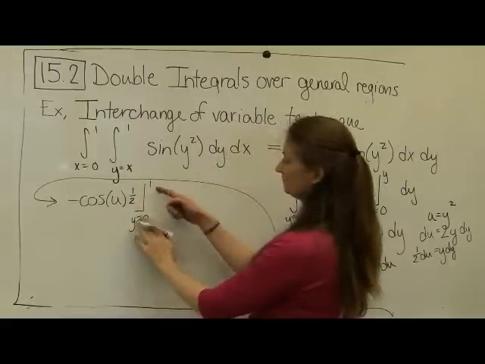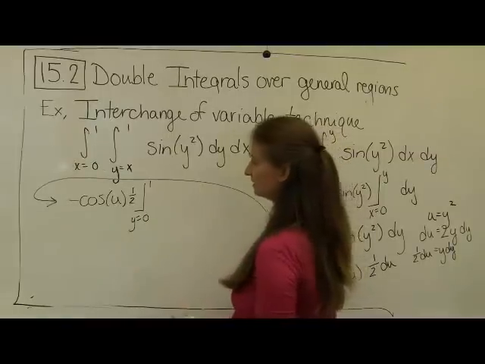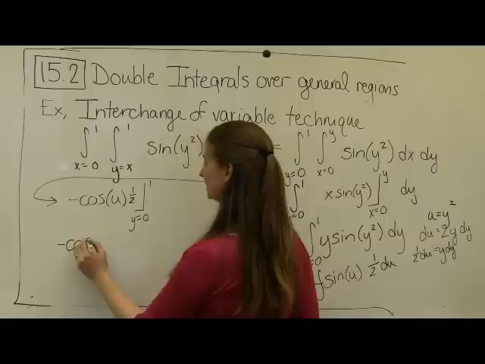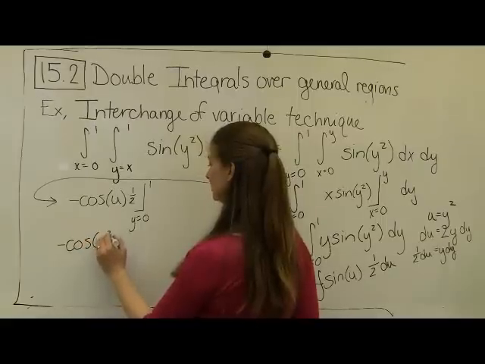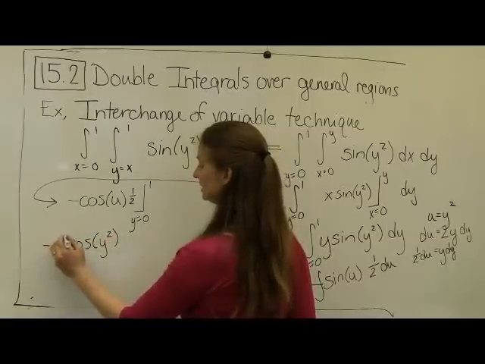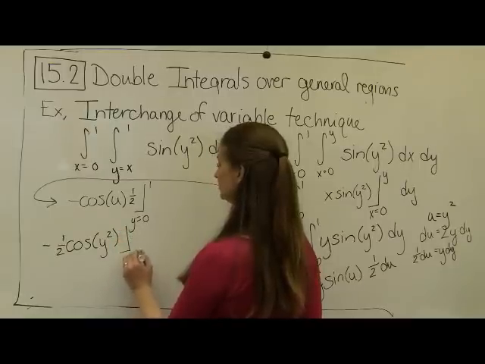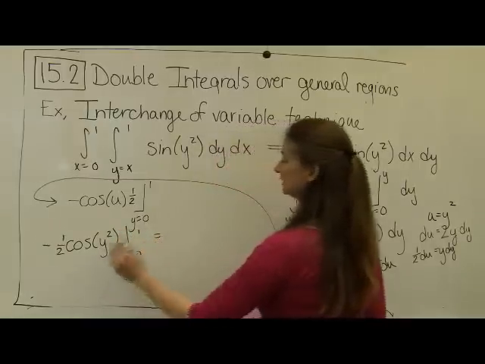So I need to go back and plug in my y's so that I can evaluate this. u, remember, was equal to y squared, so I have the negative cosine of y squared. Maybe I'll make it negative 1/2 cosine y squared, evaluated from y equals 0 to 1.